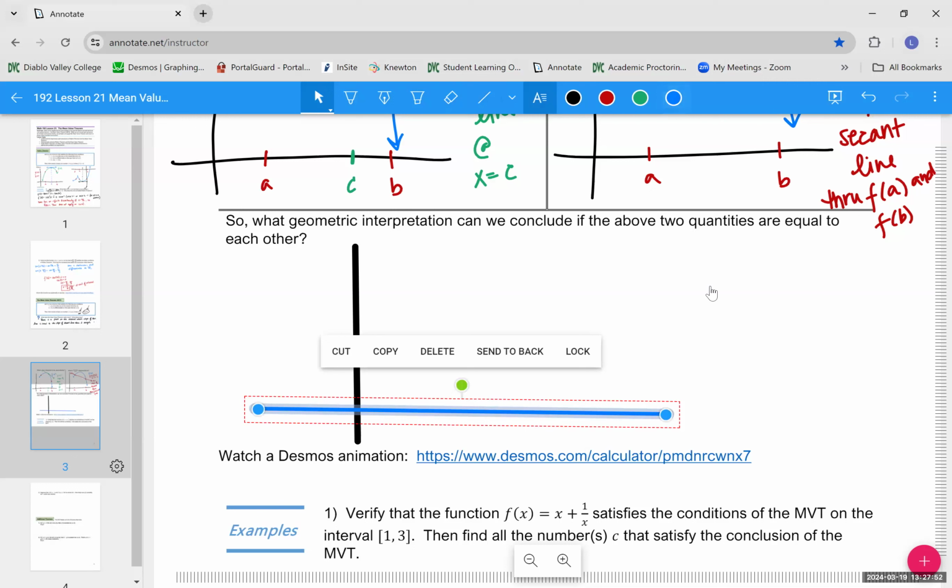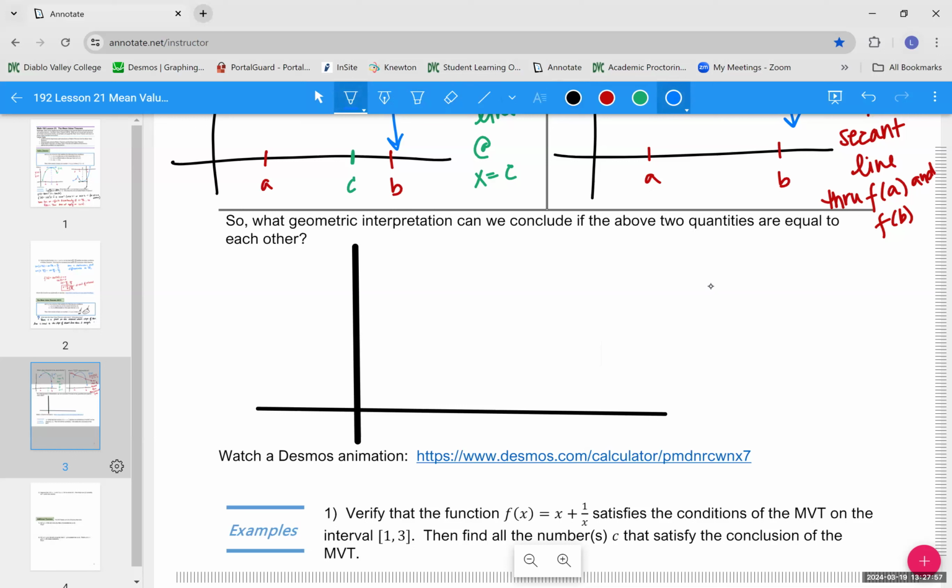Okay. Nope. So I'm going to draw my function.